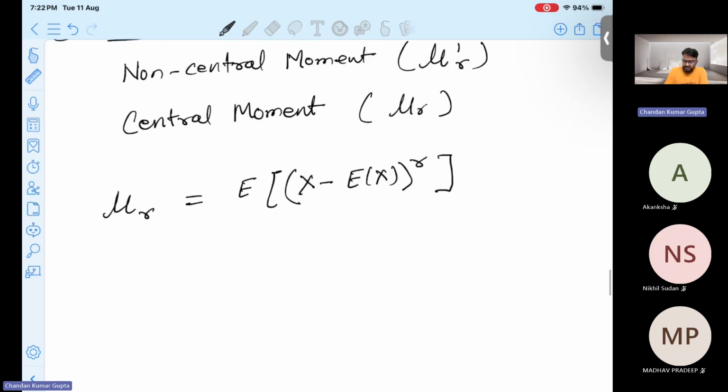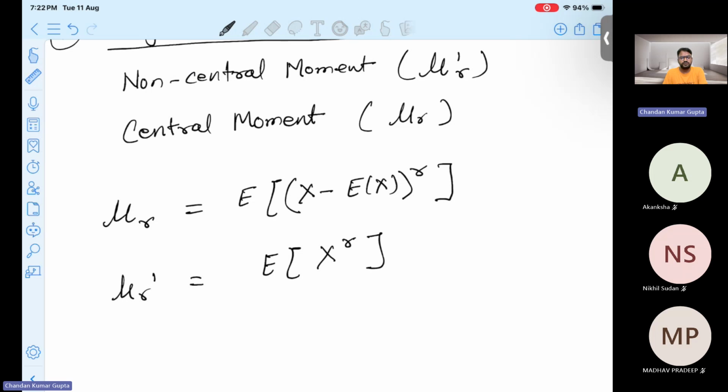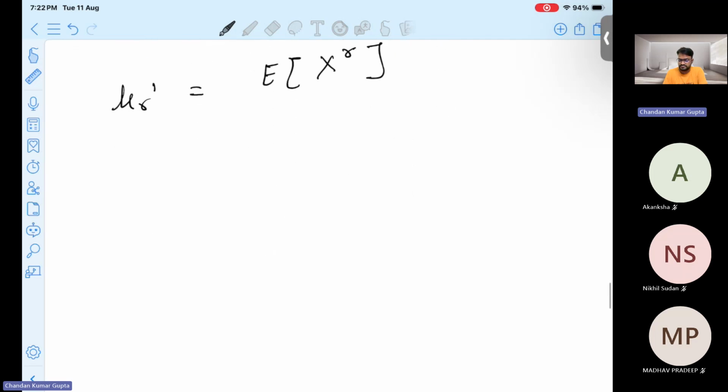And in the non-central case, it is the expected value of x to the power r, where we take the mean equal to zero. That's why we call them the moment about the mean and the moment about the origin. This is the general formula for the higher order moment, and we have discussed the same formula for r equal to 1 and r equal to 2 above.